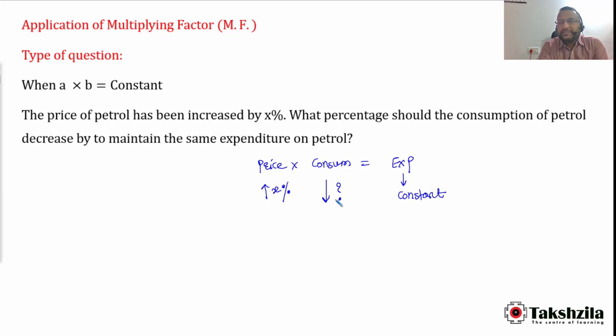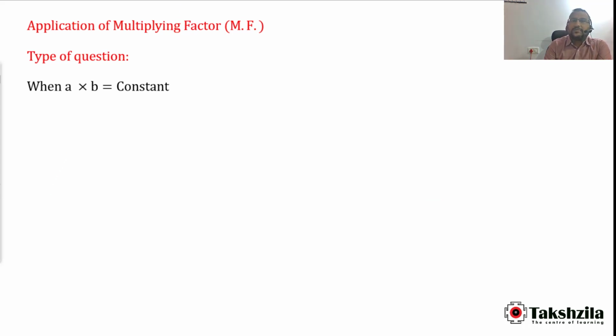So before this, let's understand the concept behind this everyone. Now let's assume that a into b is equal to k. So now let's assume the value of a increases by a fraction x divided by y, and we want to keep the value of k constant.